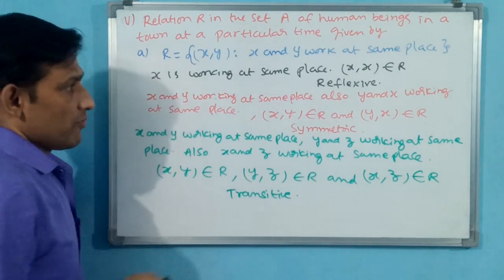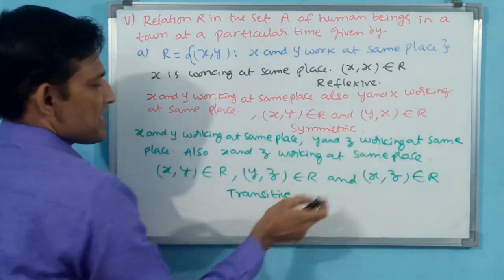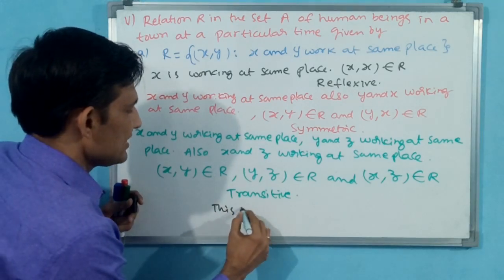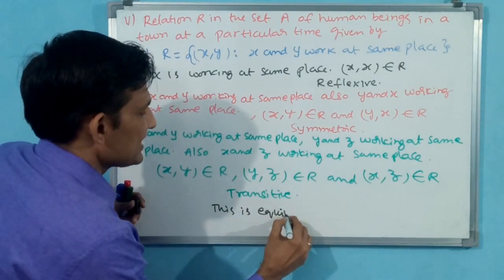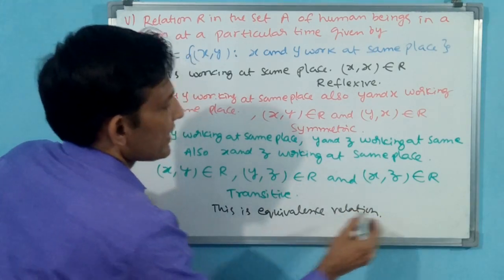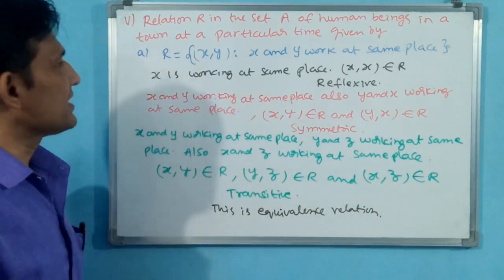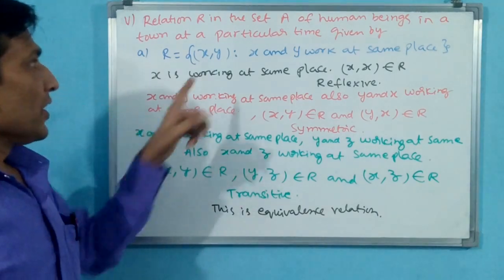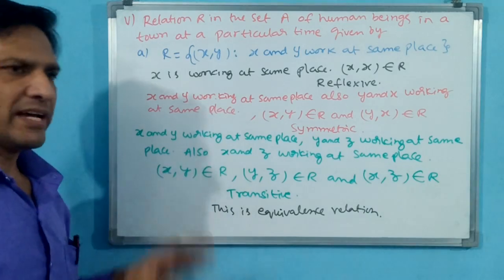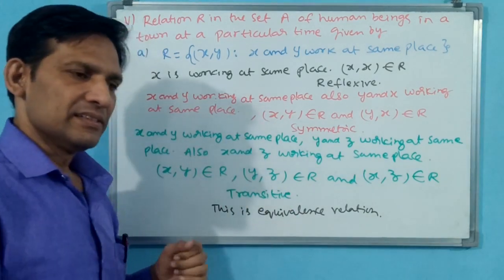If all three have come, reflexive, symmetric, transitive, then this relation is an equivalence relation. Finally, you also write this one. Okay, you understand now? Why? Because see, relation is important. Working at the same place is the relation between x and y, x and z, x and x.